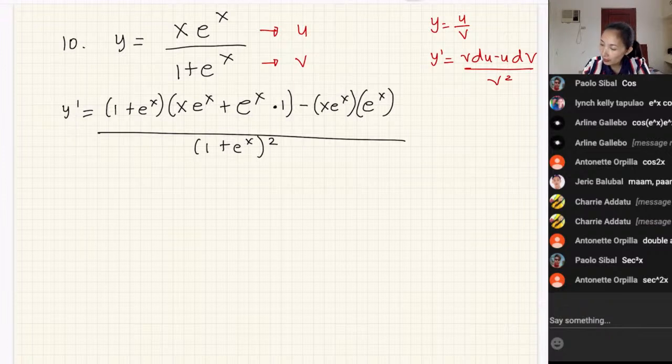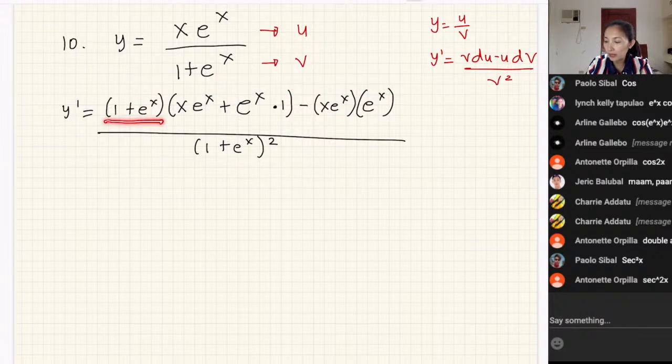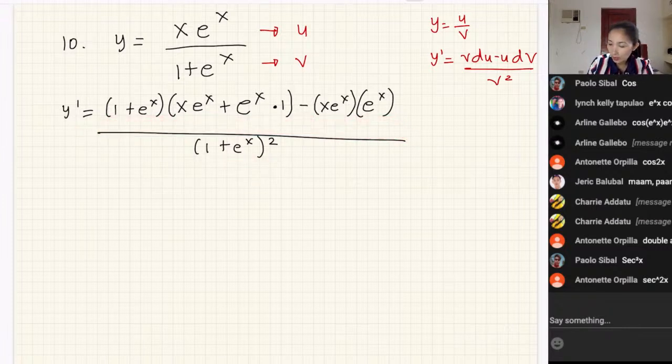Again, this is v du minus u dv over v squared, or denominator times derivative of the numerator minus the numerator times derivative of the denominator all over the square of the denominator.